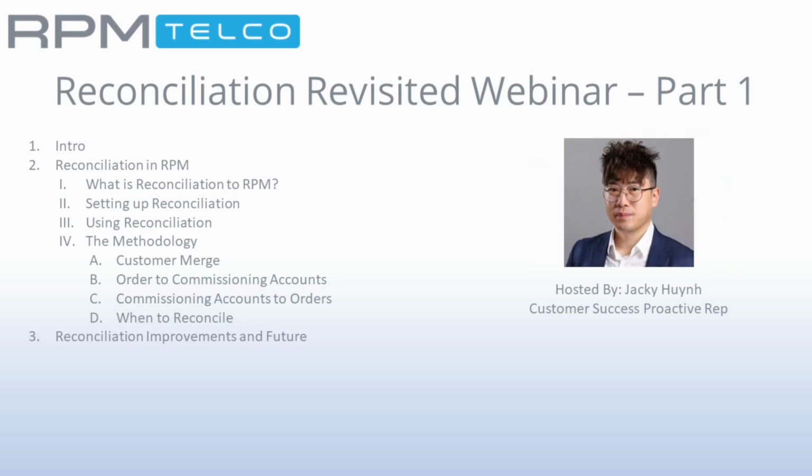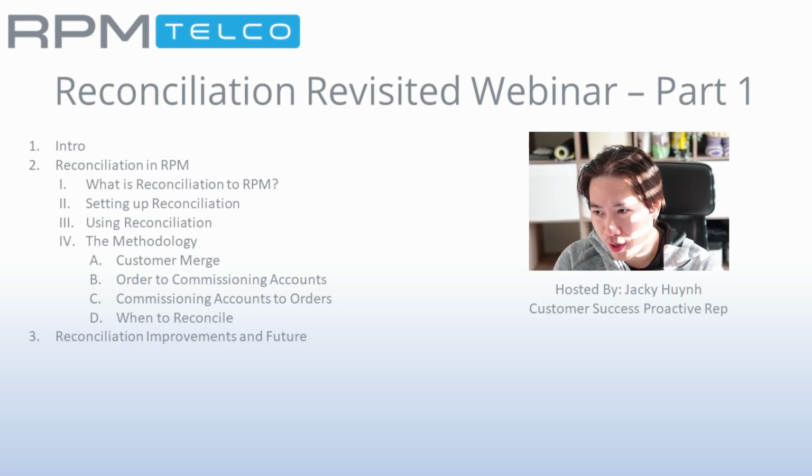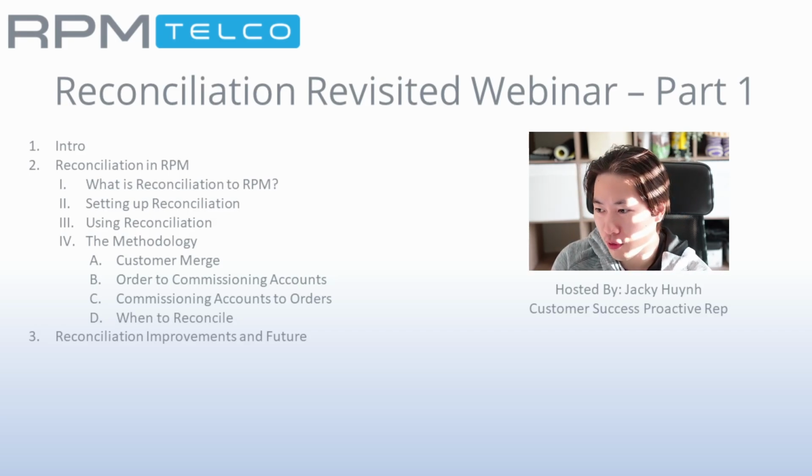Okay, now we're going to be talking about orders to commissioning accounts. So we covered usage of reconciliation earlier in the webinar, but instead of talking about those three categories again, we're going to be going over orders, specifically the view itself, rather than reconciling.